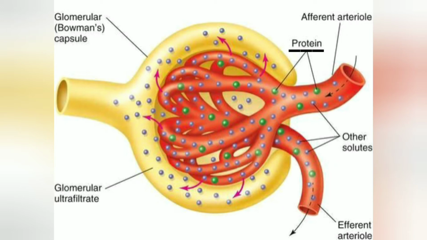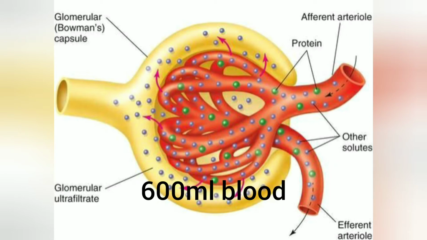Now what happens here? Plasma, except plasma proteins, oozes out through the wall of capillary. That means plasma without protein enters inside the capsule and gets filtered.